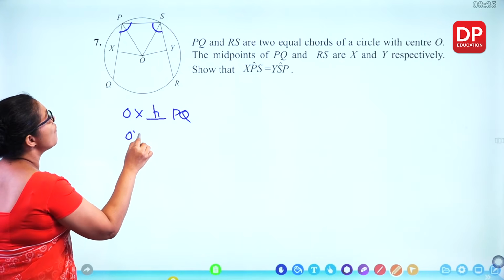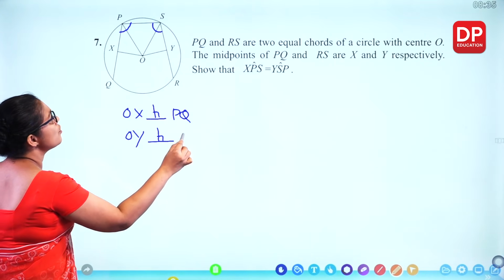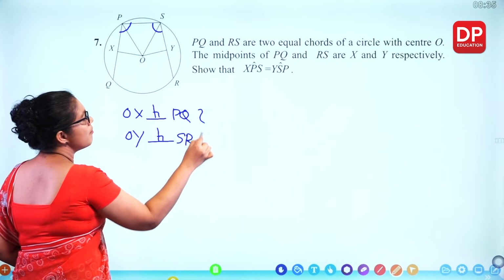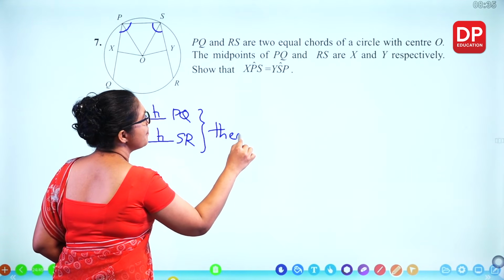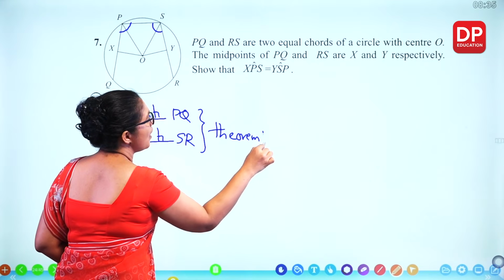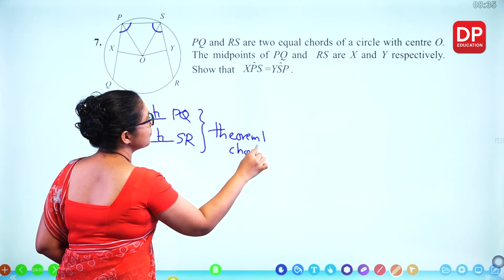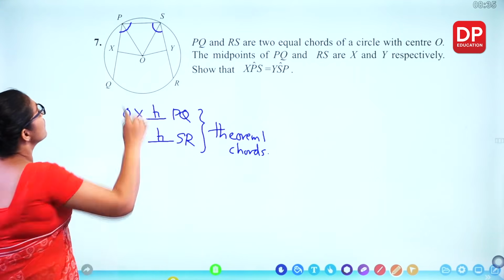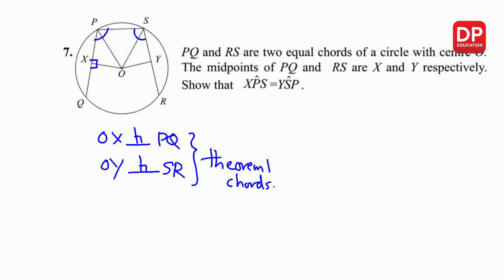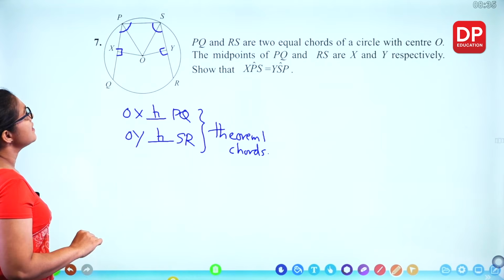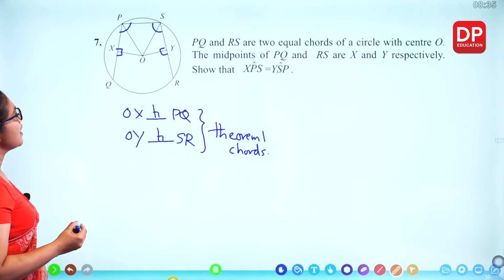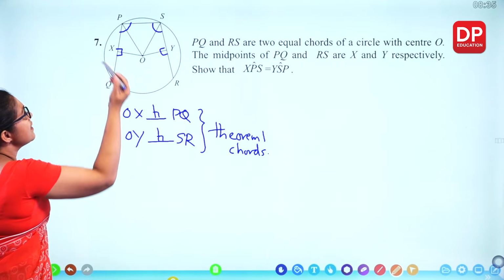And also OY is perpendicular to SR. Both are perpendicular because of theorem 1. So this is 90 degrees. Okay, so here if you know this is 90 degrees, what can you say about the lengths?